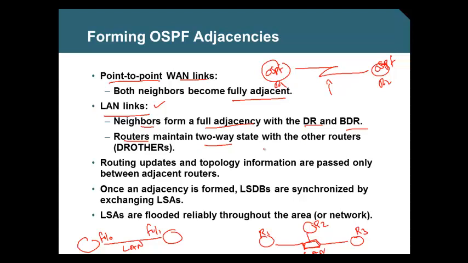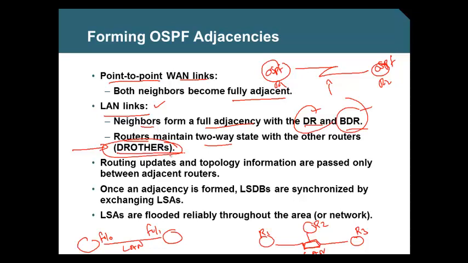Who are all called all other routers? Other than DR and BDR, all the routers are actually called DR other. With all those DR other routers, there will be only two-way state. Neighbors form full adjacency only with the designated and backup designated router, and two-way relationship with DR other routers.